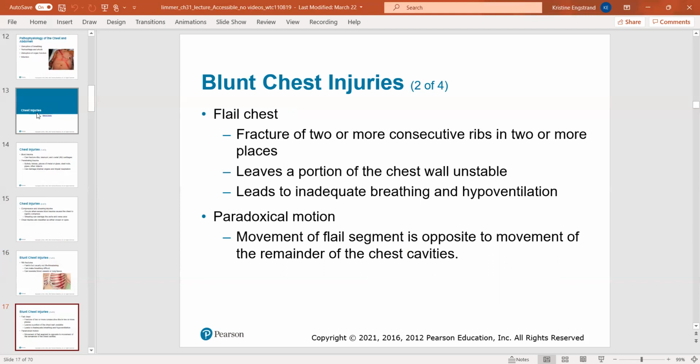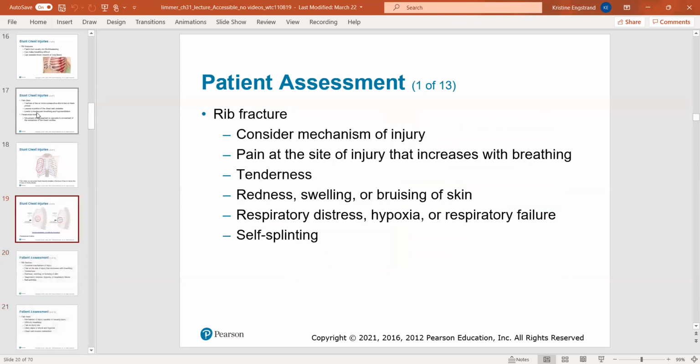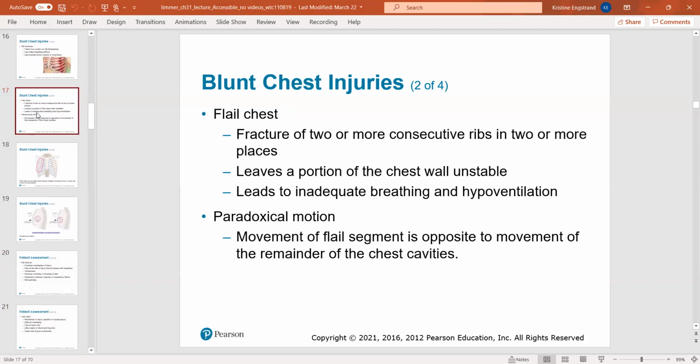Paradoxical motion is the term we use to describe the movement of the flail segment opposite to the movement of the chest cavity. So when you see this, and I believe we should have some videos, I'm not sure where they're at, but I think I've got some in here. Basically, when you breathe, your chest expands.